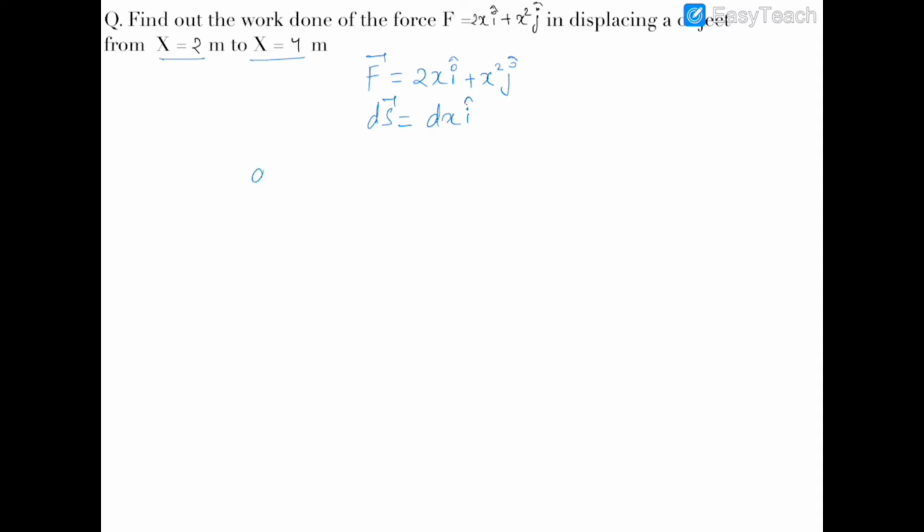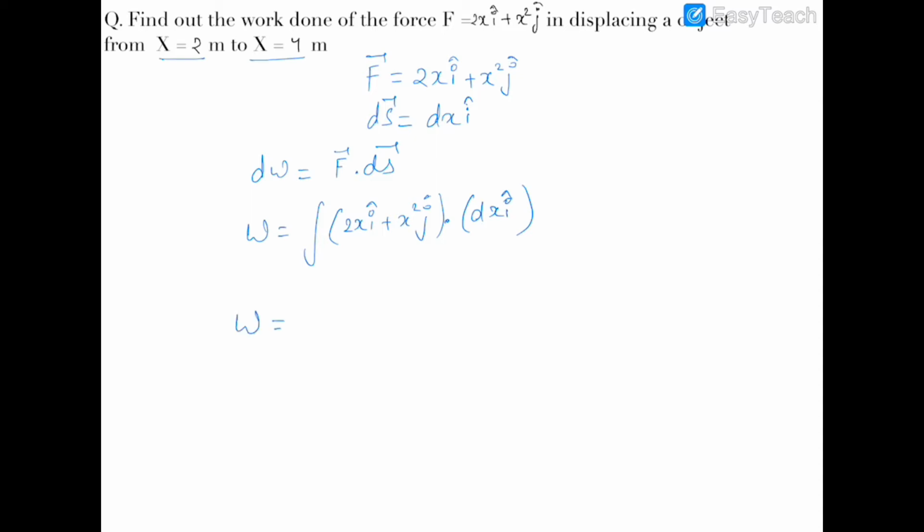Now the work done dW will be equal to F dot ds, and work done after integration will be equal to integration of (2x i cap plus x square j cap) dot ds, which is dx i cap.